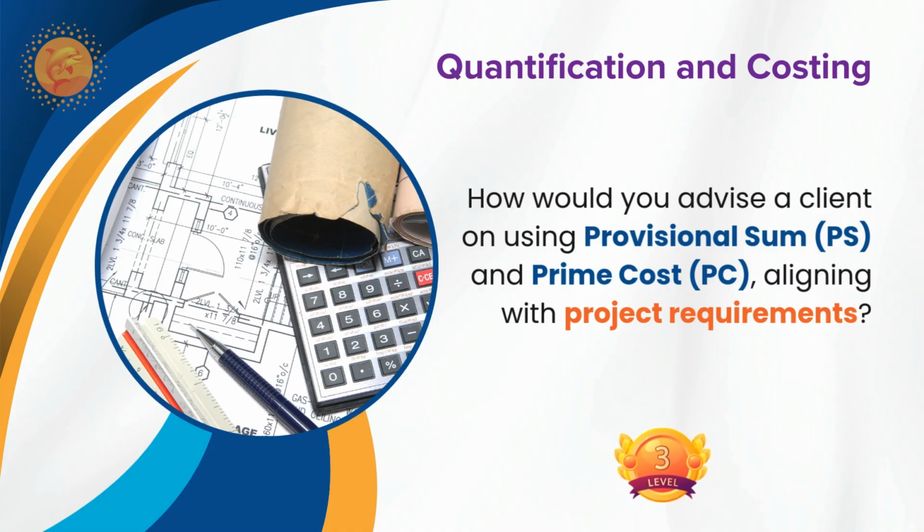So I will advise the client to make provision for the material cost in the BOQ as a prime cost sum, and later the contractor will adjust that prime cost rate, with the addition of handling charges, wastage, and fixing charges.